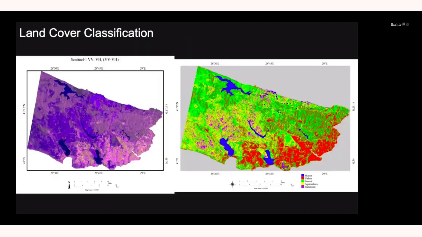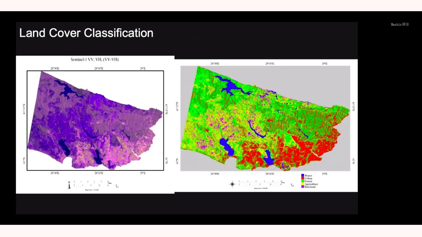Also, we can use SAR images for land cover classification. There are also composite images in SAR data, which we can use to classify our images. So it can be used for both land use and land cover classification. On the right side, we can see a composite image of SAR.